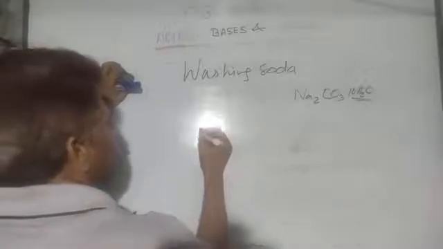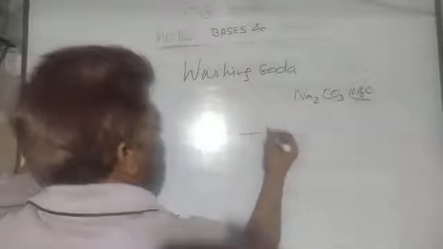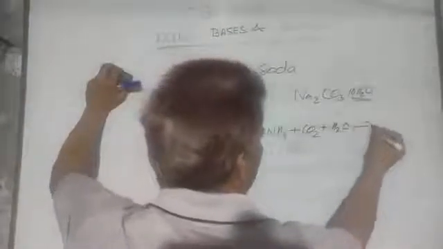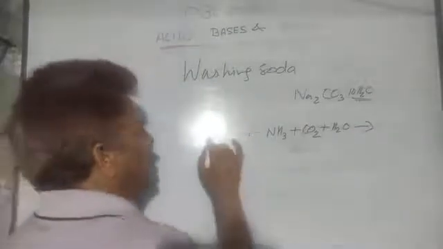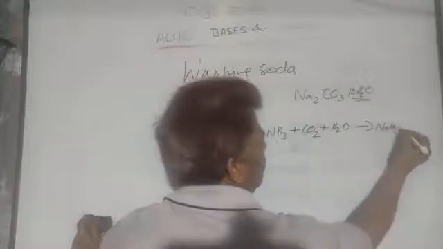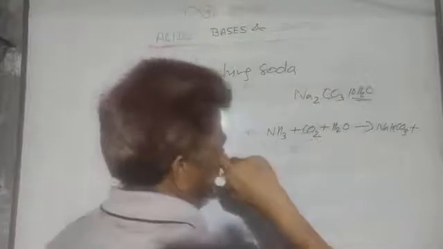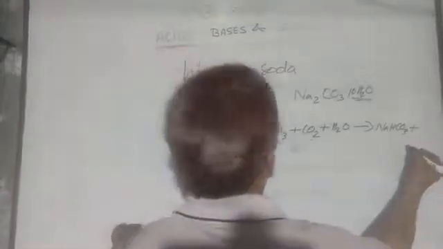You write: when brine solution is passed through ammonia gas in presence of carbon dioxide gas, brine solution means aqueous solution of sodium chloride, the dilute solution, so water is present. We get sodium bicarbonate and ammonium chloride.